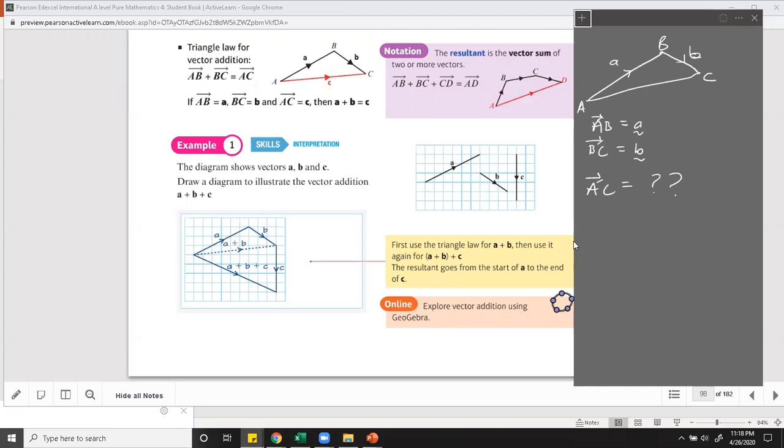What is AC? We haven't got anything marked on that. The only way we can get from A to C is by going from A to B and then from B to C. We can only go along the paths that have been marked. So that is going to be A plus B.